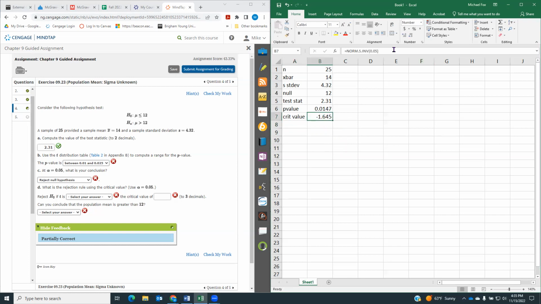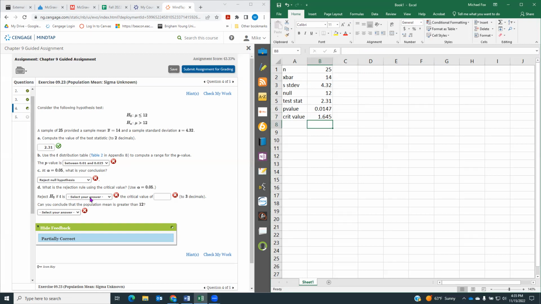So we can either put in 0.95, which is the complement, that's the word I was looking for, or we can just do the absolute value of this to get the positive side. So our critical value is 1.645.